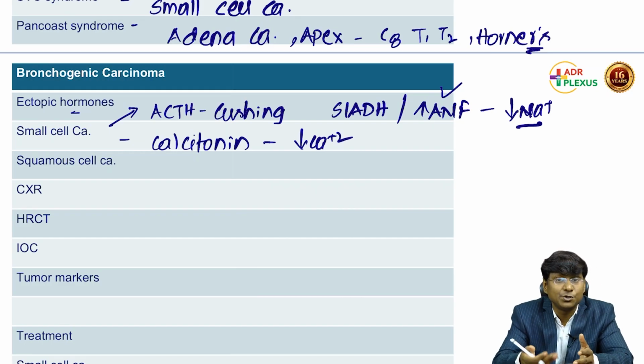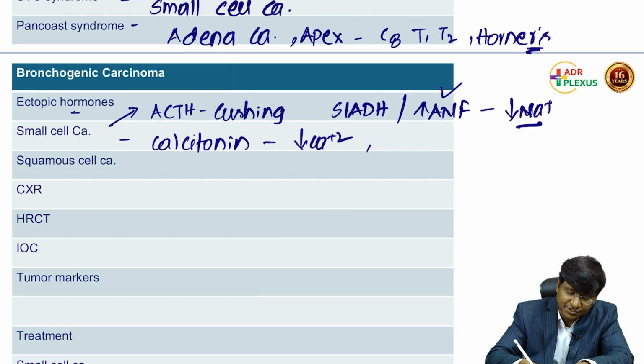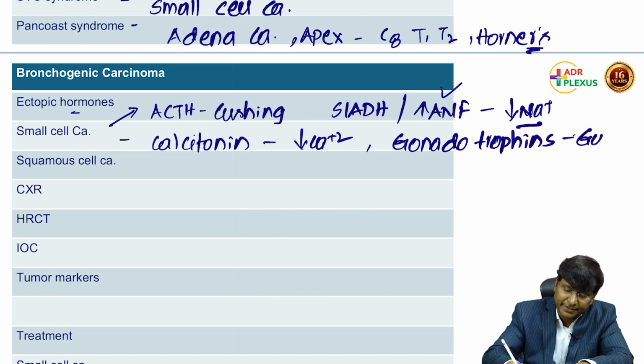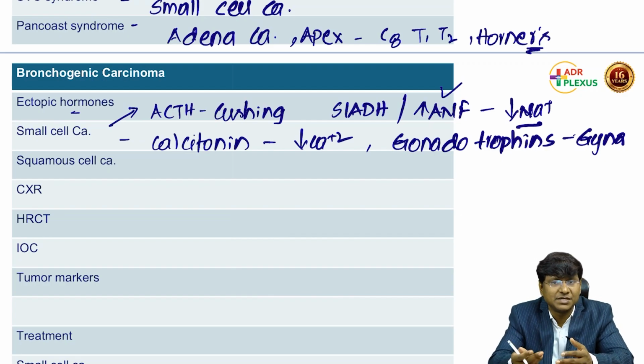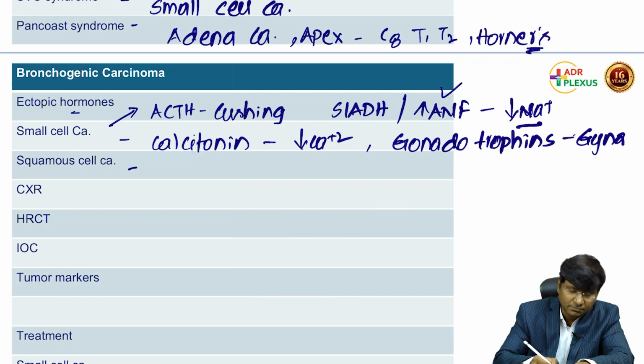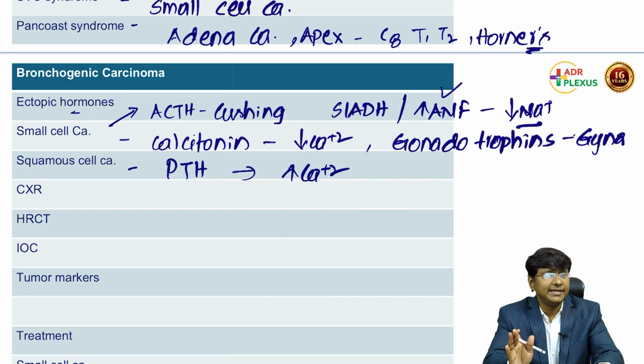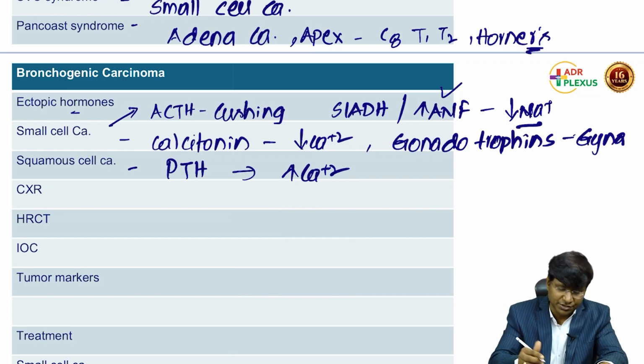Small cell carcinoma will also produce excess gonadotrophins, and because of the excess production of gonadotrophins, there will also be development of gynecomastia, right? And squamous cell carcinoma will produce parathormone related protein, and this parathormone related protein is the one which will cause hypercalcemia. So these are the ectopic hormones or paraneoplastic syndromes associated with bronchogenic carcinoma.